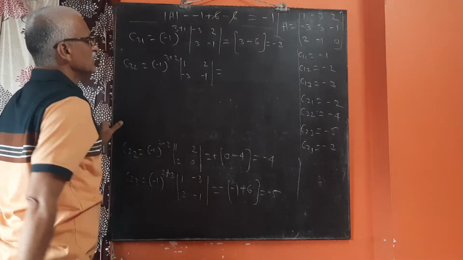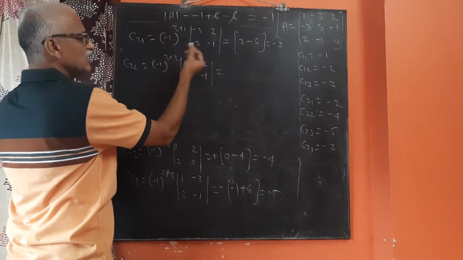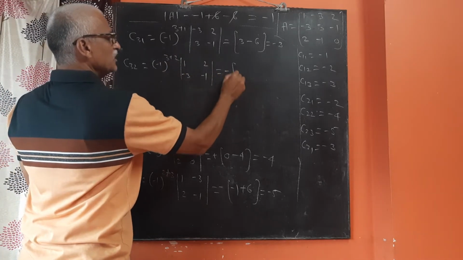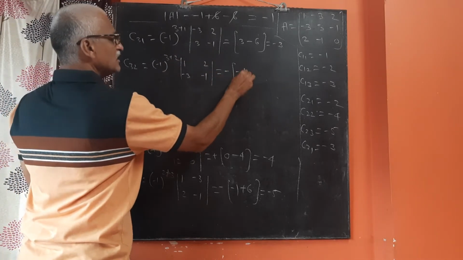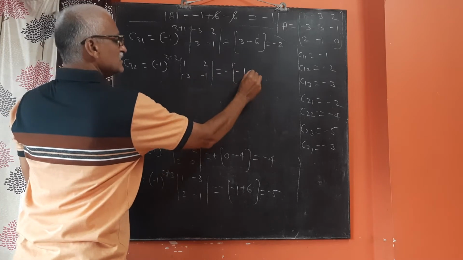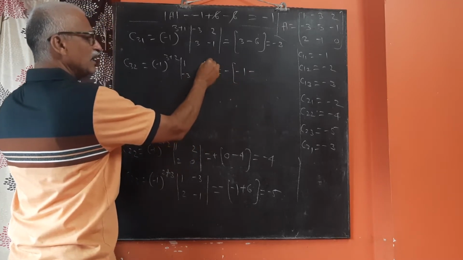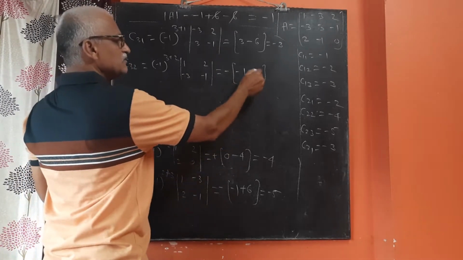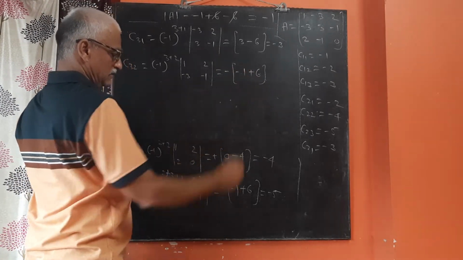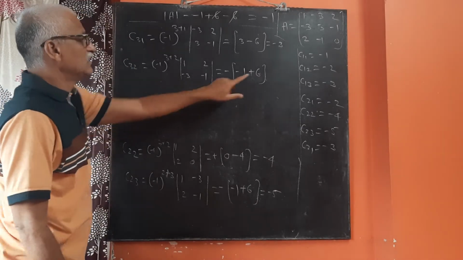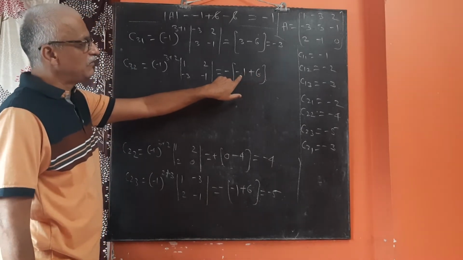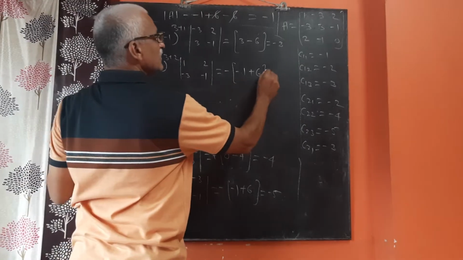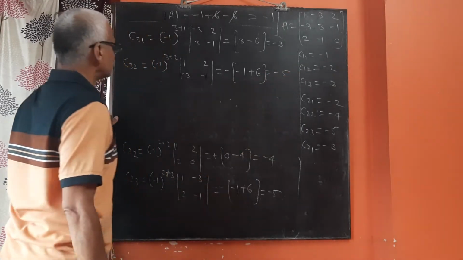This is equals to minus 1 raised to 3 plus 2 means 5, that means negative. Negative of 1 into minus 1 minus 1, minus minus 3 into 2 minus 6, minus of minus, that means plus 6. 6 minus 1, that is 5. 5 of minus, that is minus 5, is equals to minus 5.